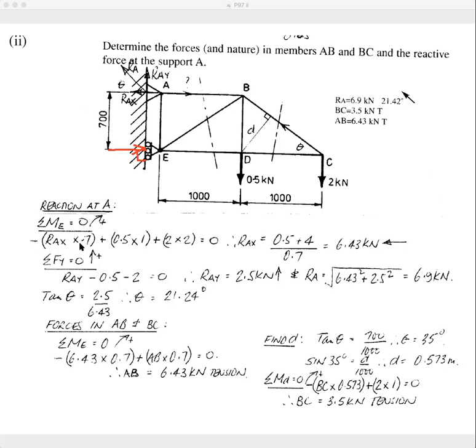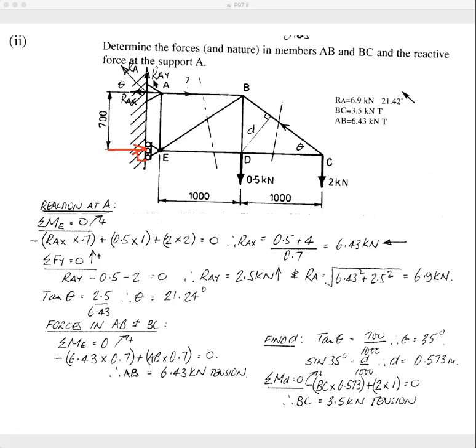So we've got RAX times 0.7. We've got 0.5 times 1, which is clockwise, 2 times 2, which is clockwise, which equals 0. So therefore, we've found that the horizontal component at A is 6.43 kilonewtons, and it's going to the left because we got a positive answer there.